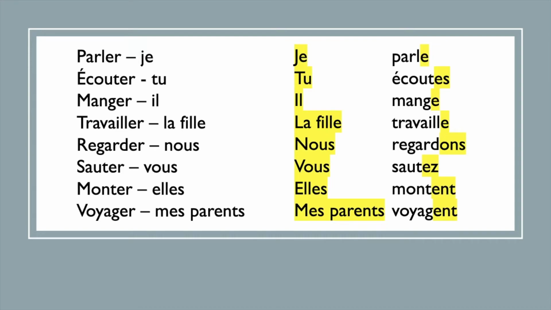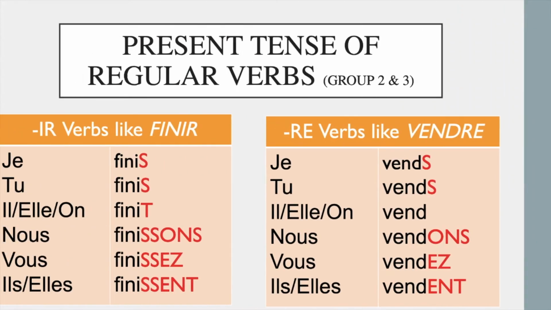Regardez, nous regardons. Sauter, vous sautez. Monter, elle monte. Voyager, mes parents voyagent. Mes parents is like ils, the last person, masculine plural, and you use ENT, just like above.